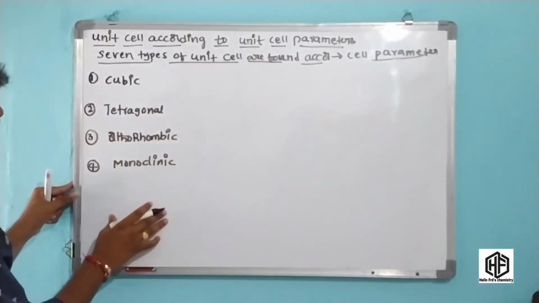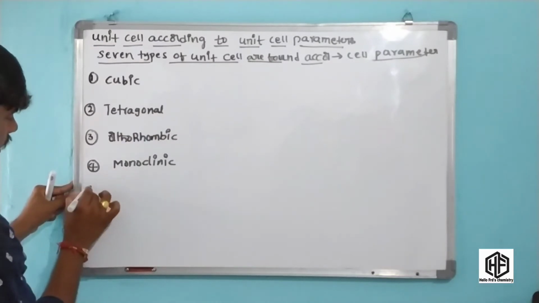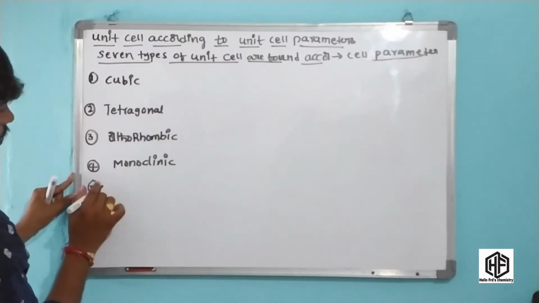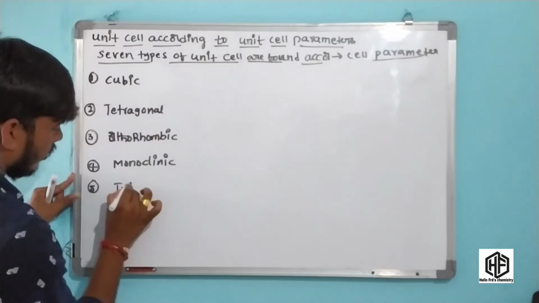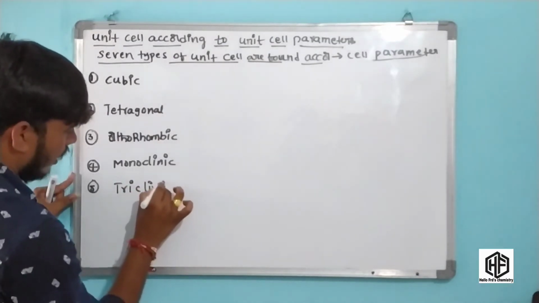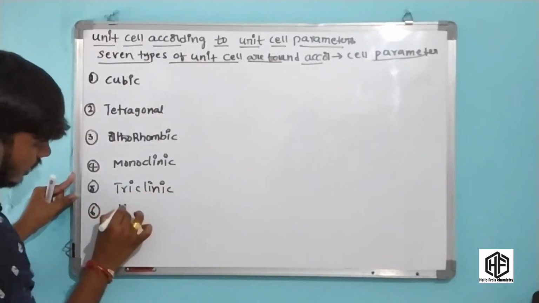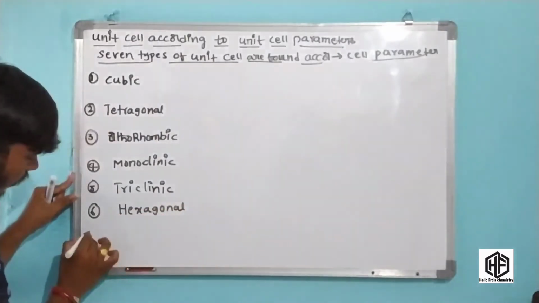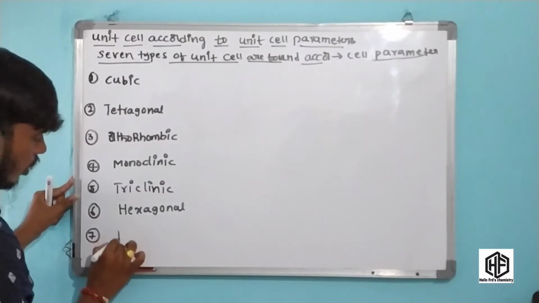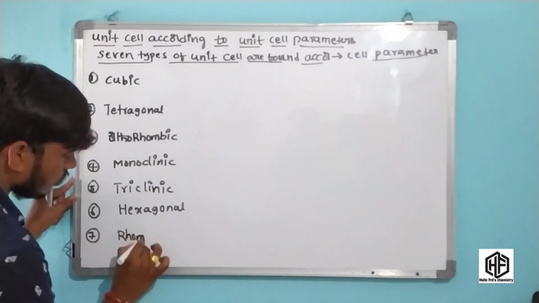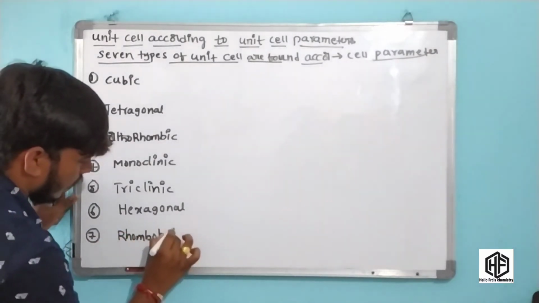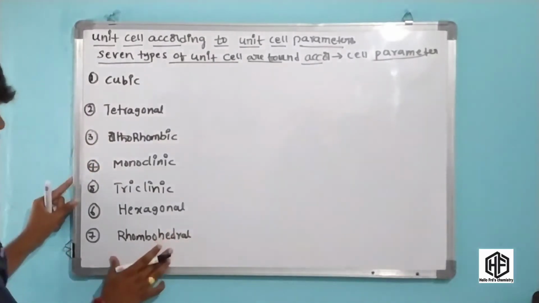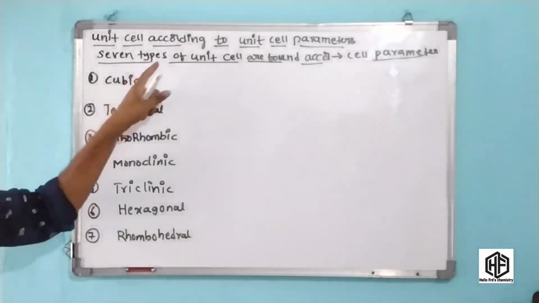This is the sequential order. The fifth one is triclinic, and the sixth one is hexagonal, and finally the seventh one is rhombohedral. Okay, friends, these are the 7 types of unit cells.